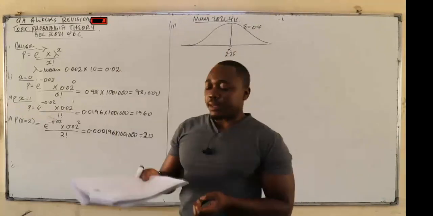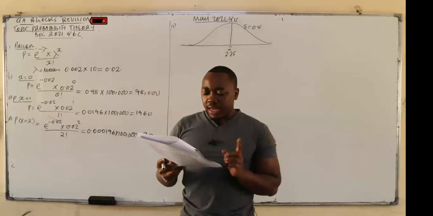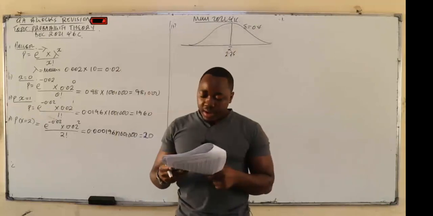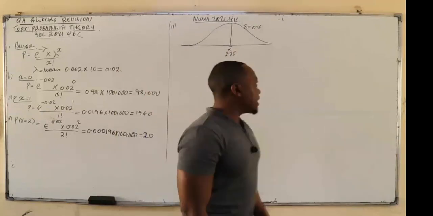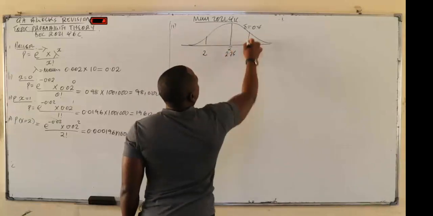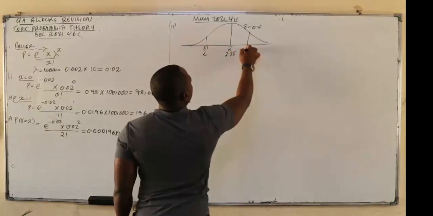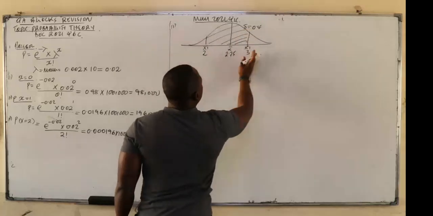Required, number one, the probability that a randomly selected student from the university has a grade point aggregate of between 2 and 3. So 2 is on the lower side, 3 is on the upper side. So this is x1, also this is x1. So we want the probability to be between 2 and 3.